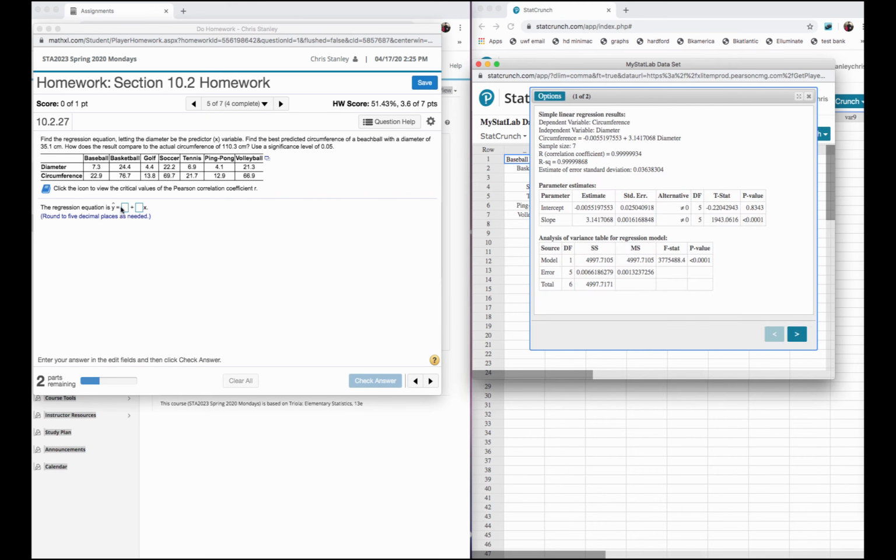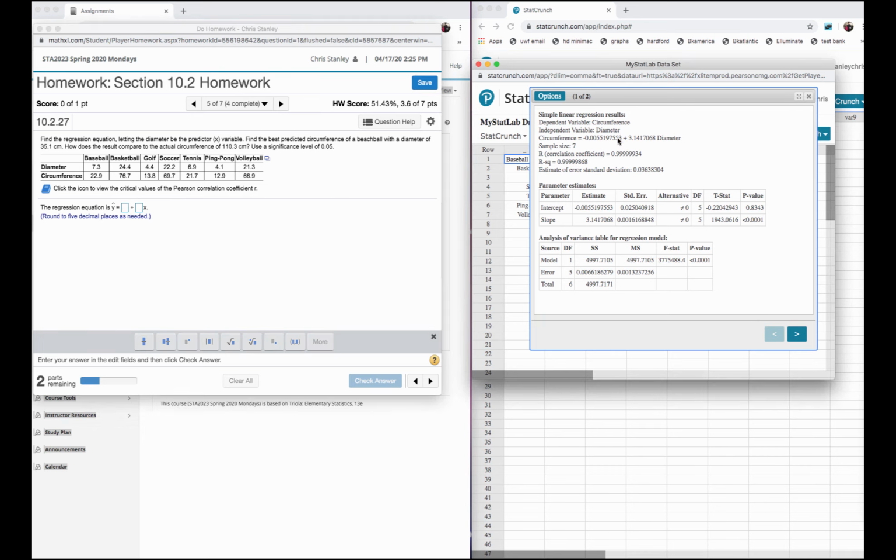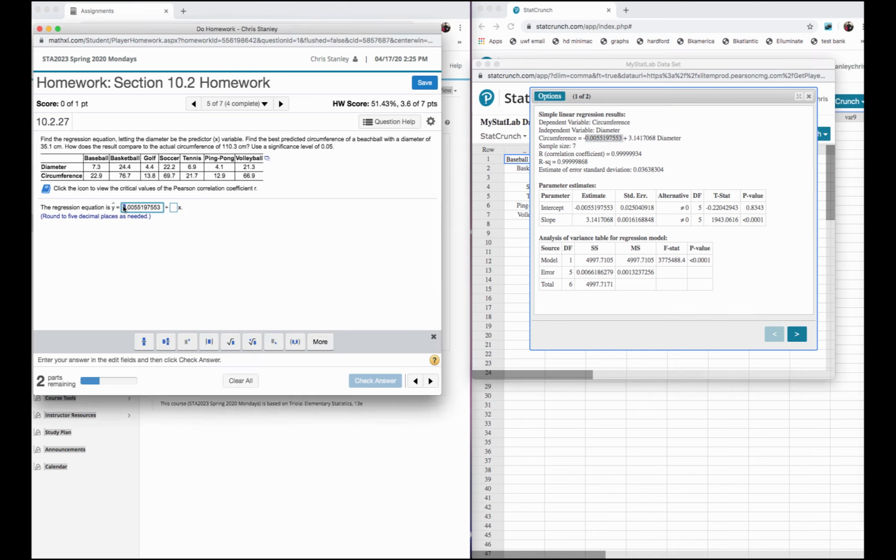Okay, so 5 decimals. Now there's a negative in front of this number. To be careful, I got caught on that earlier. 1, 2, 3, 4, 5. So that 1 needs to go to a 2.